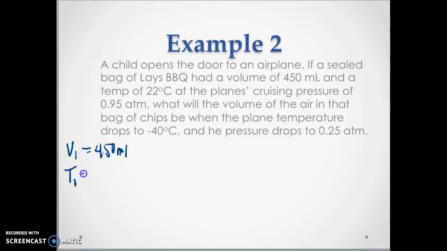So the initial temperature is 22 plus 273 because we want to make it into Kelvin, and that's going to give us 295 Kelvin. There it is. And then it says that it has a pressure of 0.95.